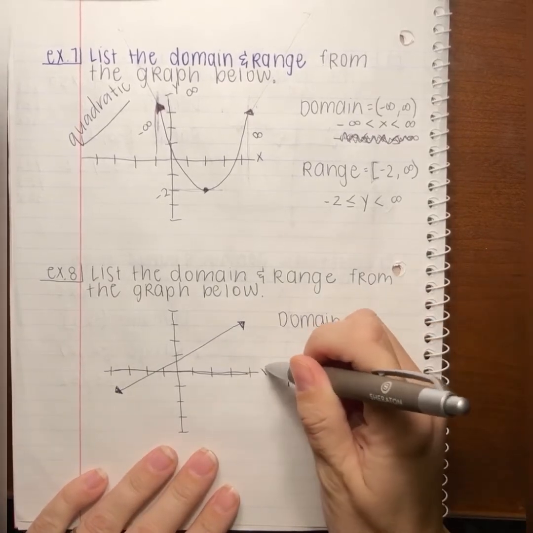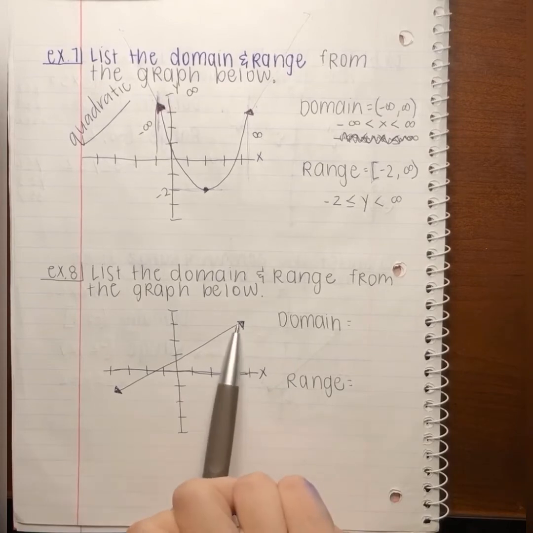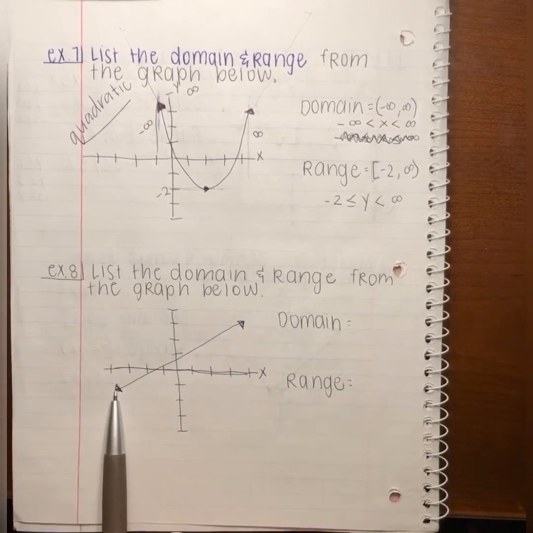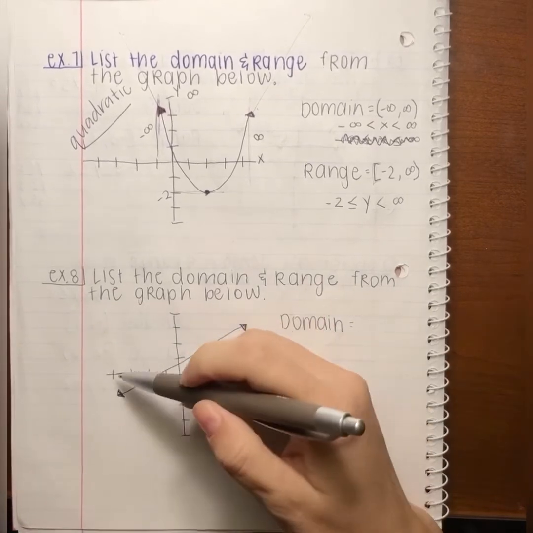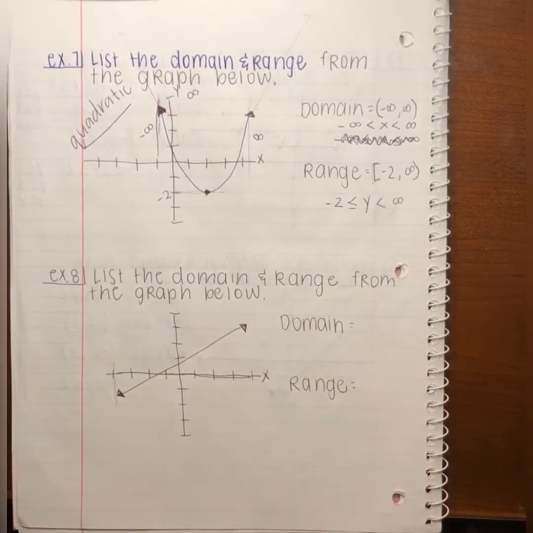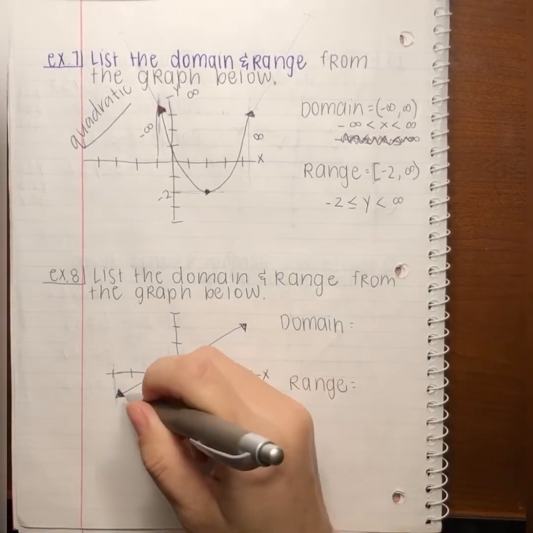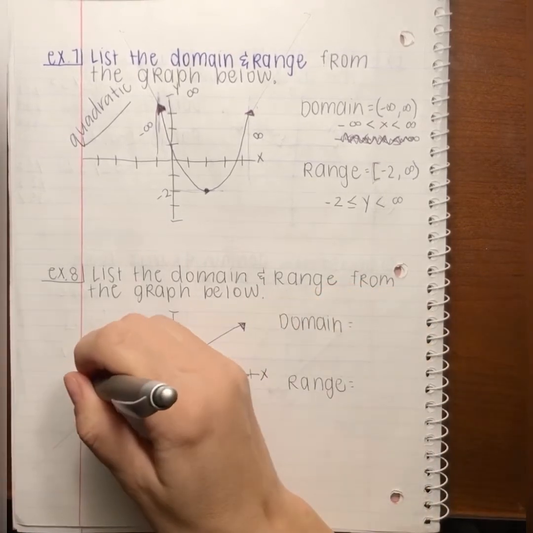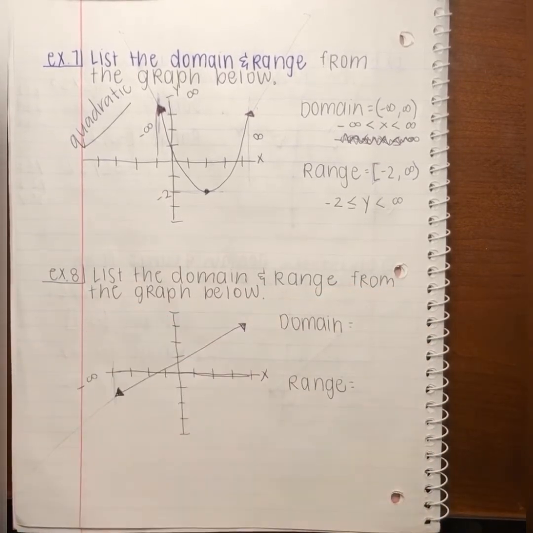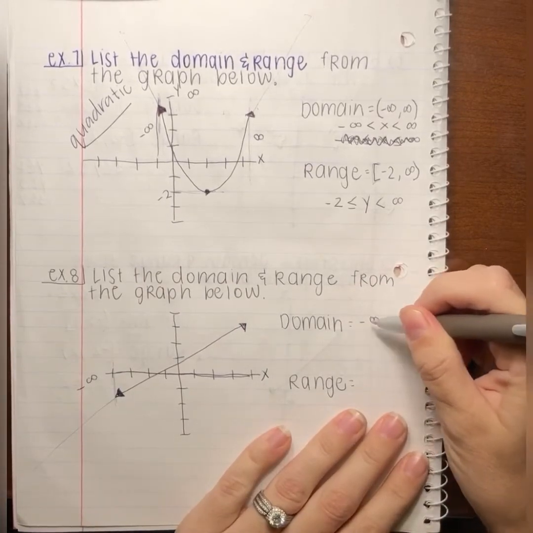Domain, start by looking at our x-axis. So the furthest to the left that this function goes is, we'll say it's right here at -4. Okay, at -4, it ends on an arrow, which means it doesn't actually stop at -4. It keeps going all the way to -infinity. Okay, so that's gonna be my smallest.